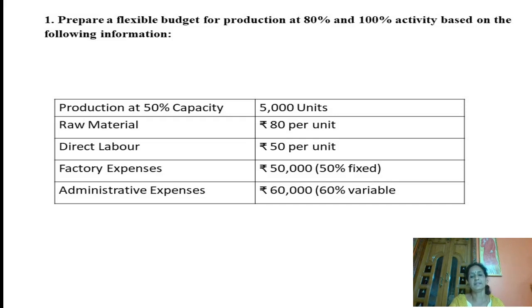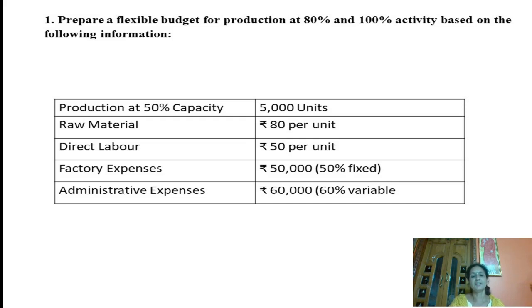In the previous session problem, since the cost was given for a certain percentage of capacity, for 70% and 80%, you took the cost given for 80% and for 70% you did cross multiplication. But here it is quite easily given. Just multiply per unit cost into the number of units manufactured. This is applicable only for variable cost.